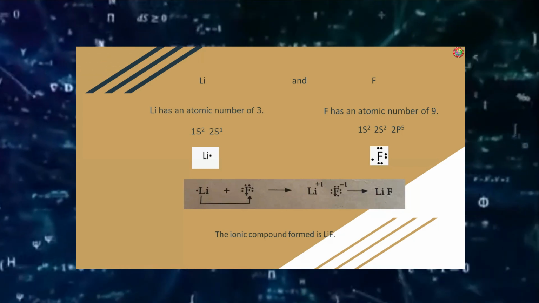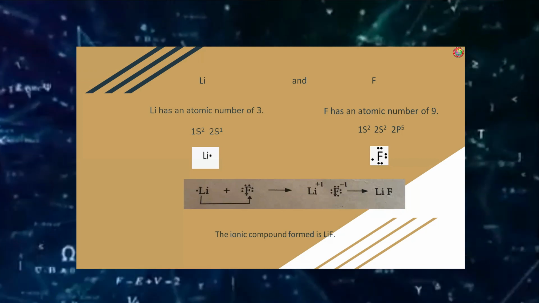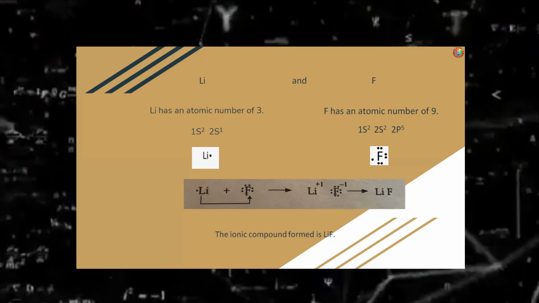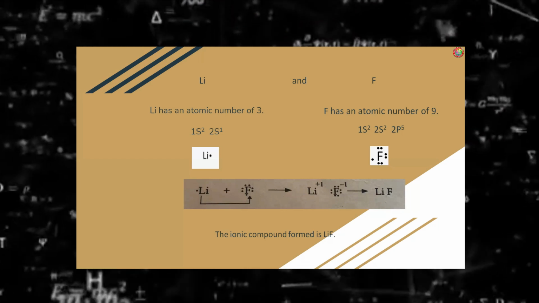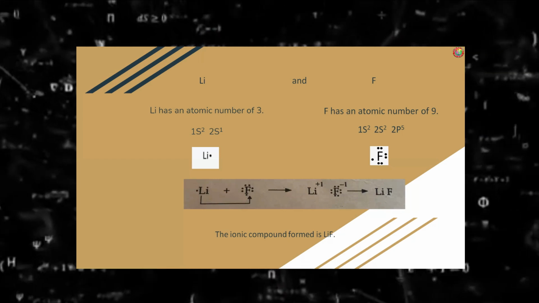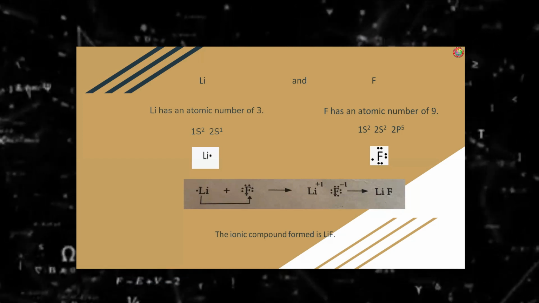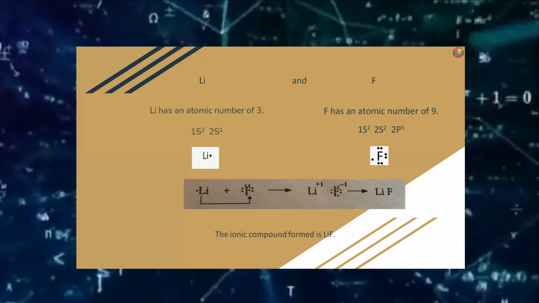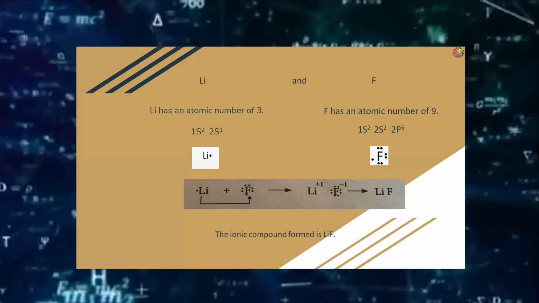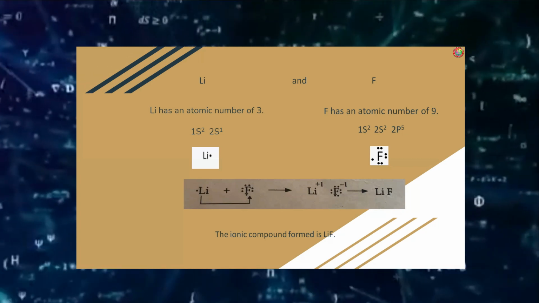Since the number of electrons lithium has to release is equal to the number of electrons fluorine has to gain, we need one lithium atom for every one fluorine atom to form an ionic compound. Therefore, lithium fluoride is an ionic compound.